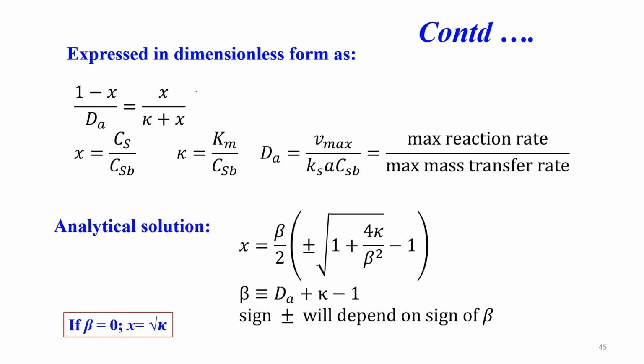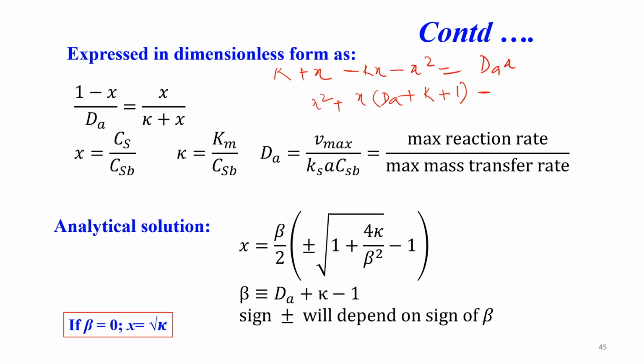If you just rearrange, this will be kappa plus x minus kappa x minus x square equals Da x, and if I rearrange this, then this will be x square plus x (Da plus kappa minus 1) plus 1 equals... minus, it is going to the other side.